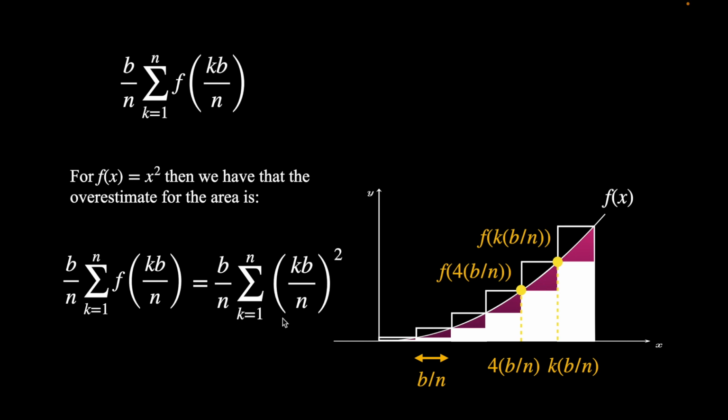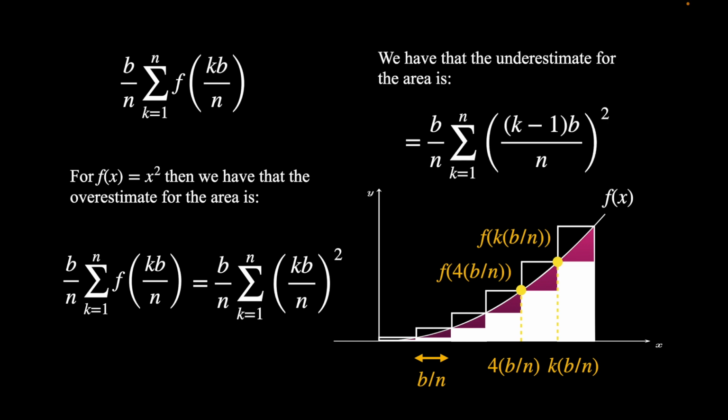Okay, so we're going to have to evaluate this in a moment. Let's have a look at the underestimate. This is an important point as well. Here, instead of getting k times b over n all squared, we get k take 1 times b over n all squared. Remember, on that first example we looked at, we subtracted 1 from the input of each height, and that's all we're doing here. We're saying instead of k, it's k take 1 times b over n all squared.